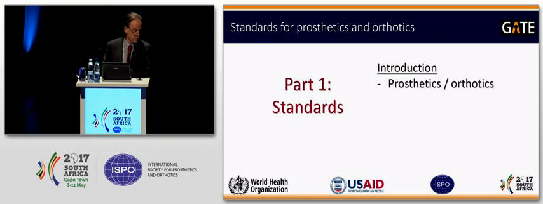It talks about who the users are. It stresses the fact that many users need these services for their lifetime, with regular renewals of devices and repair of devices, maintenance of devices. It's not a one-off treatment.